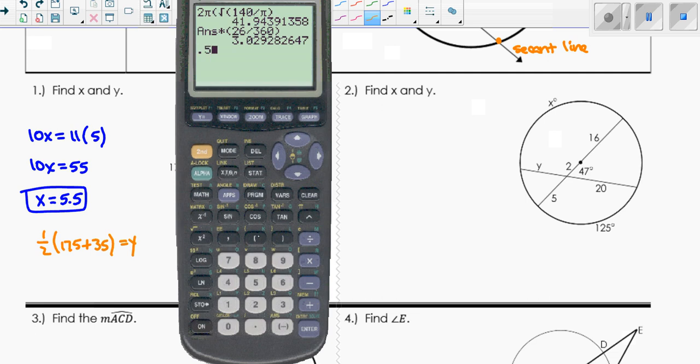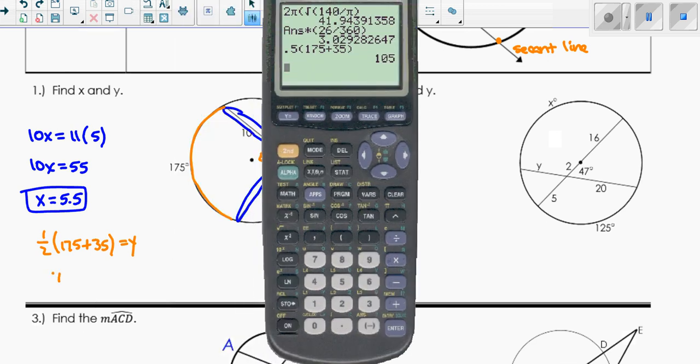Okay, so 0.5 times 175 plus 35. So we get 105. So y equals 105. And we're going to do a lot of practicing with this property.